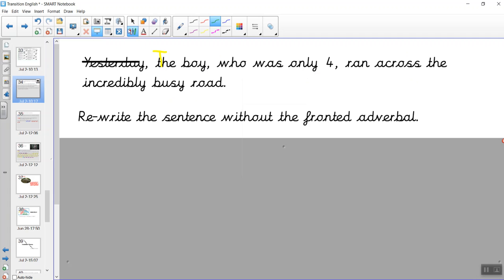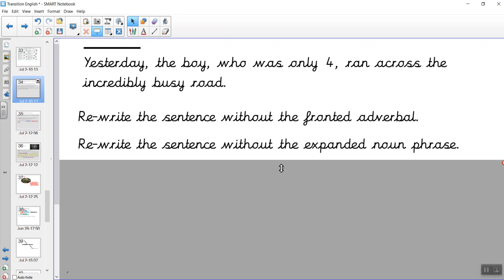So I've taken out the fronted adverbial. Okay. So if we look at the sentence again, it now says rewrite the sentence without the expanded noun phrase. So we start with this first sentence. What would it look like without the expanded noun phrase? So pause the video and write the sentence without the expanded noun phrase.